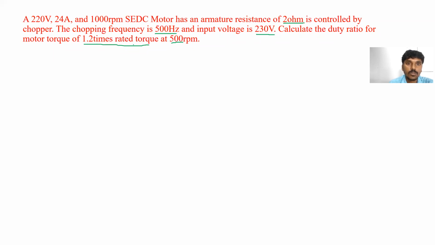But now we have to find the duty ratio when the motor is operating at 1.2 times the rated torque and 500 RPM. Clear? Same to same, there is no difference.